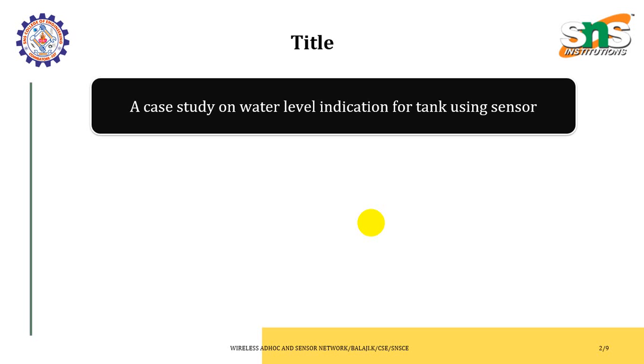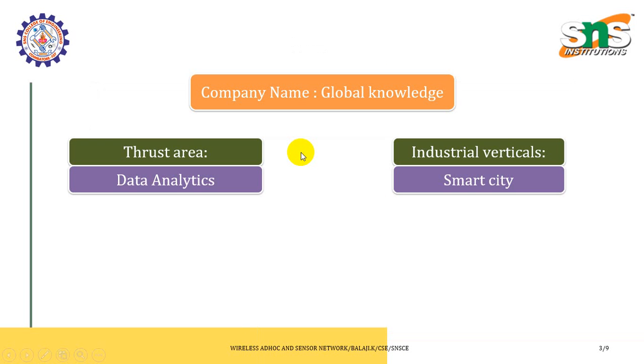So this is our title. The company associated with this case study is Global Knowledge, and the case study belongs to the prediction of water level indication. For that we need to consider a lot of parameters for the level of water.